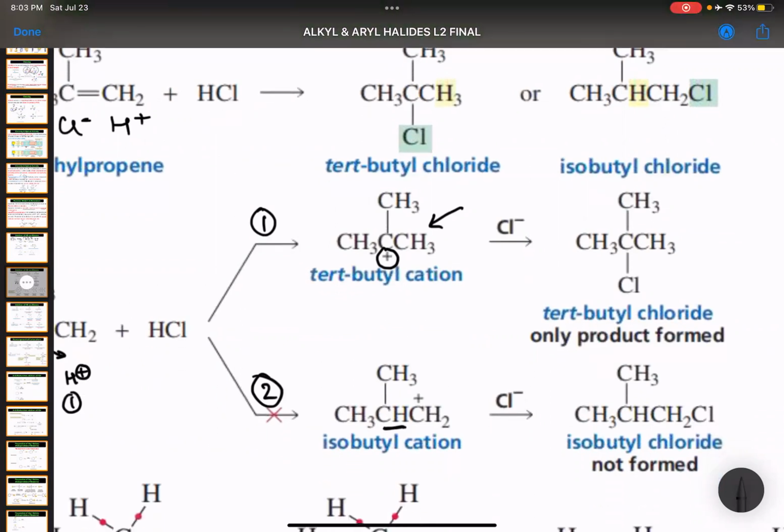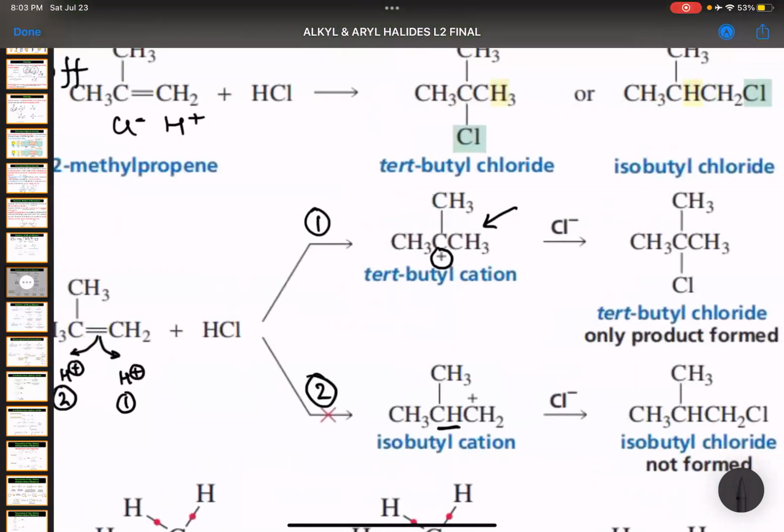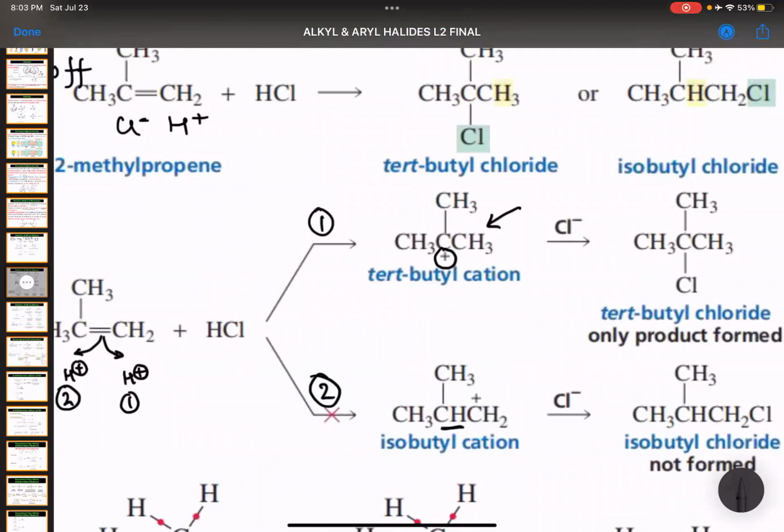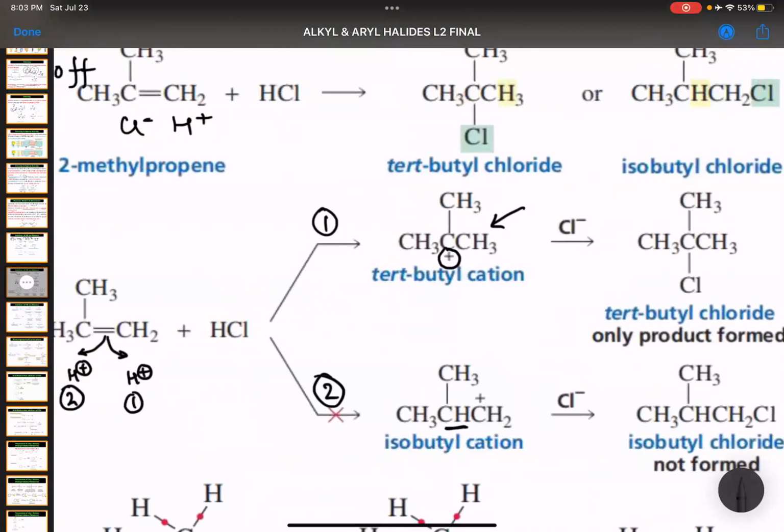So what is actually governing whether you should adopt route number 1 or route number 2? Yeah, what you were telling? The substituent attached to the main carbon, which is bulky, avoids the hydrogen going to that carbon. Actually, no, not the bulky.